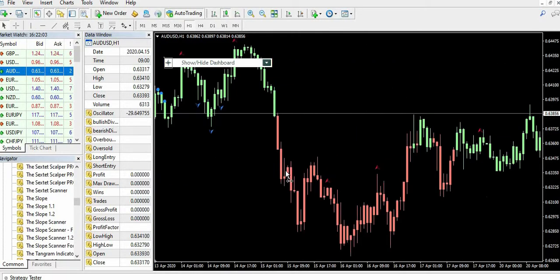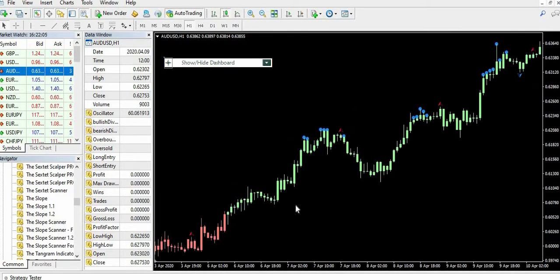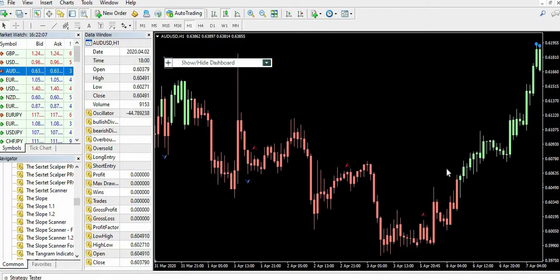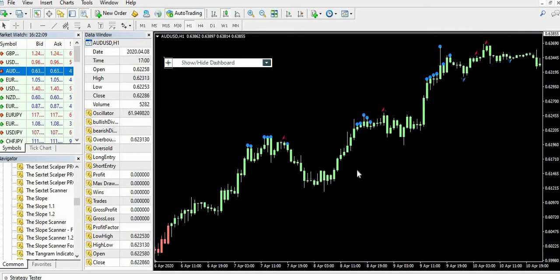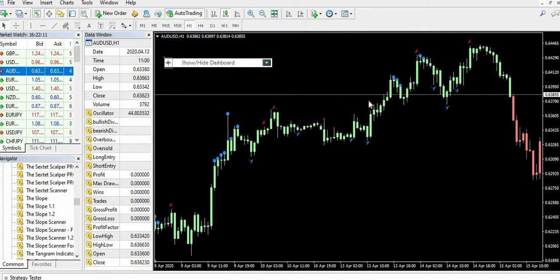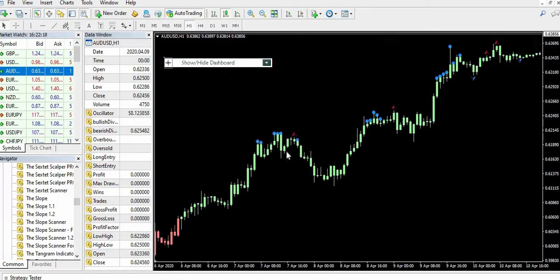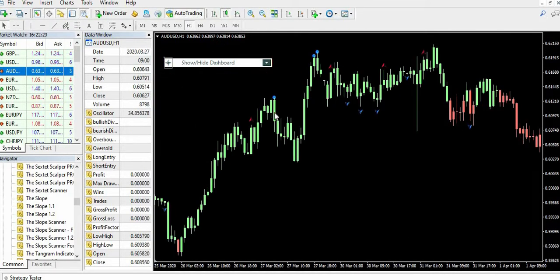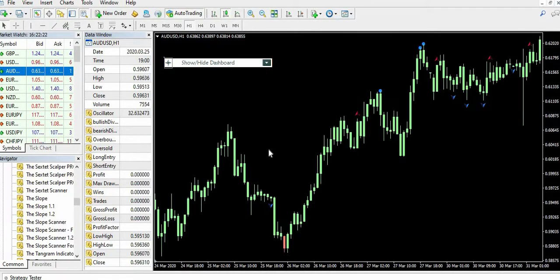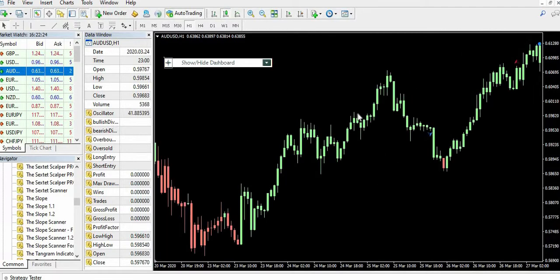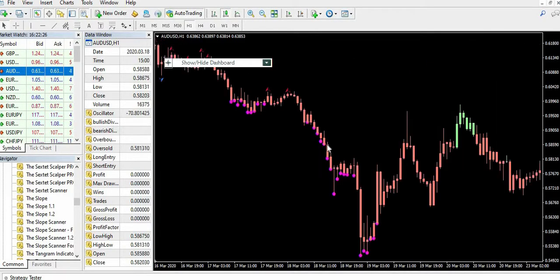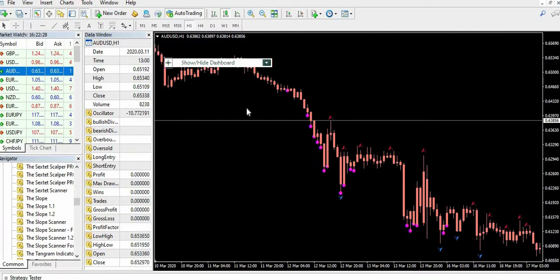As you see here, we have green bars and we have red bars. As it is obvious, the green bars are for bullish trends, while the red bars are for bearish trends. Of course this depends on the settings of the indicator, but now we're looking at it through the default settings, which is the period 60, as you see here.